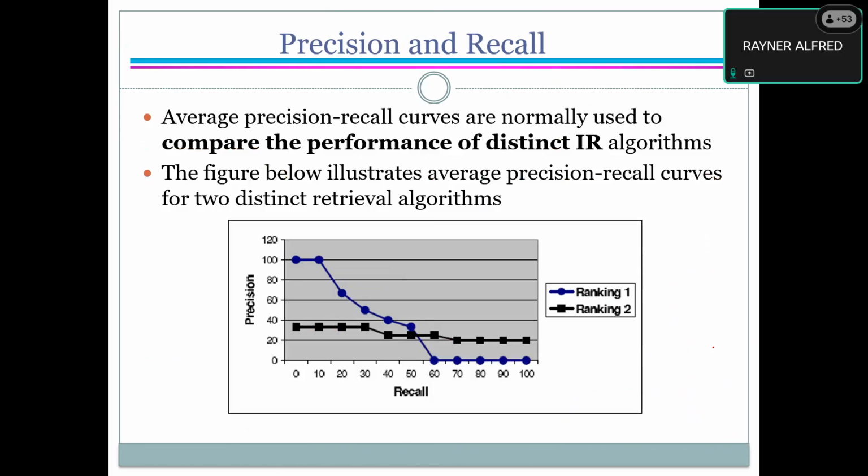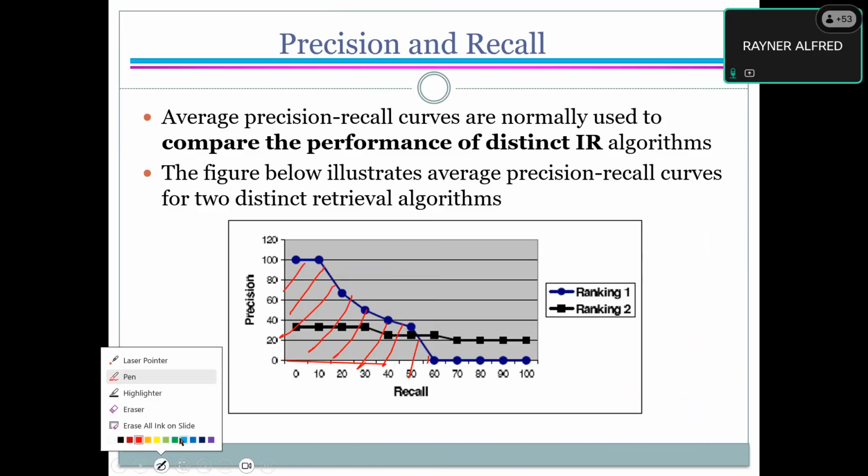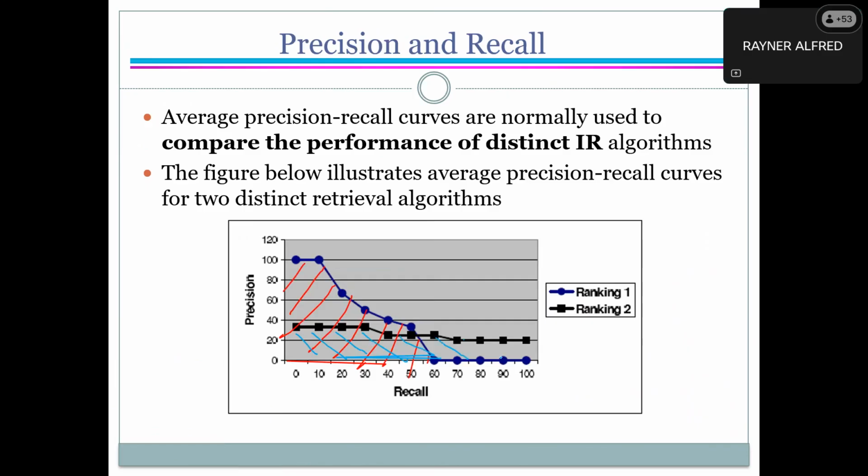I remember just now we want to maximize area under the curve, right? So to see the overall performance, we need to look at what is the area under the curve for the blue one, and also area under the curve for the black one.